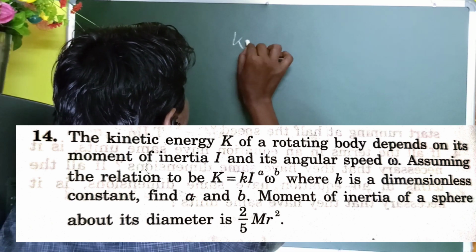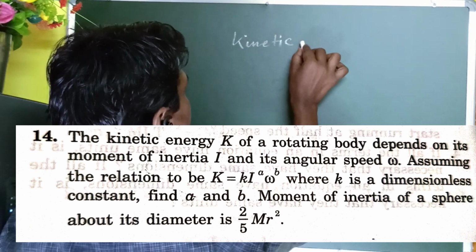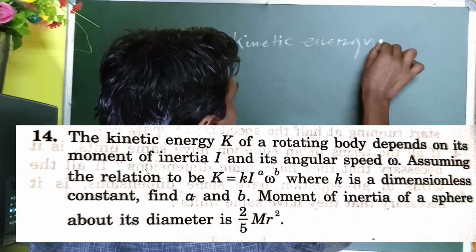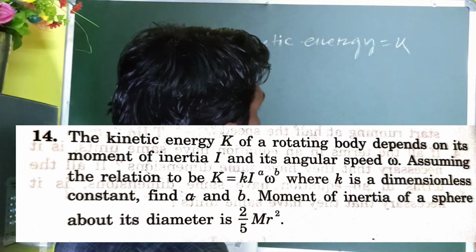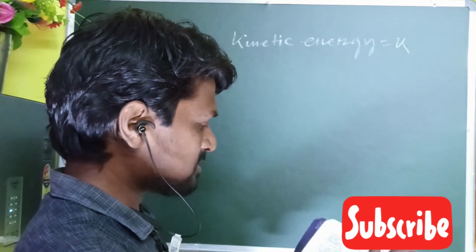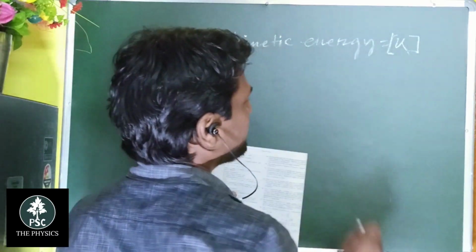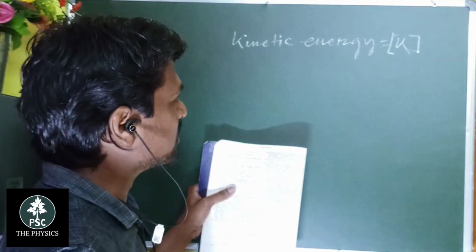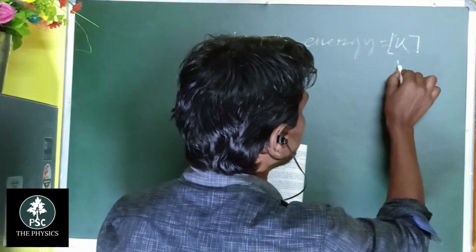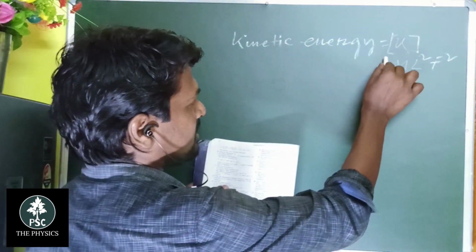So kinetic energy, K. First of all, it will be better that you know all the dimensions related with the physical quantities. So check the dimension: kinetic energy is ML^2T^-2.